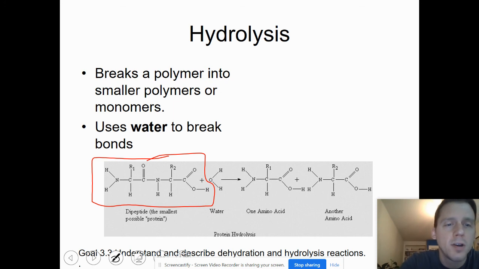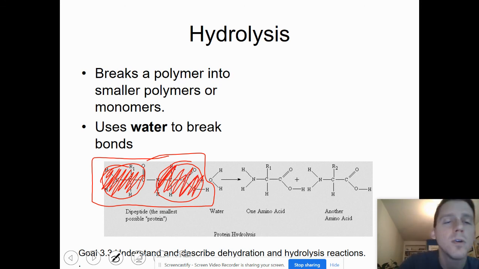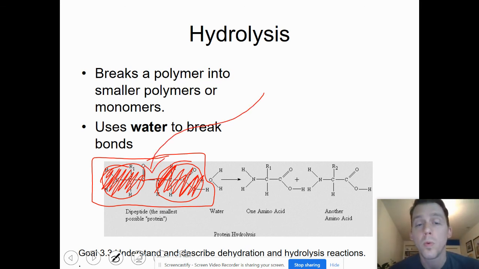Now it's kind of hard to see because you don't exactly know what this is, but basically we've got a monomer here and we've got a monomer here. And what we want to do is break that bond with water.